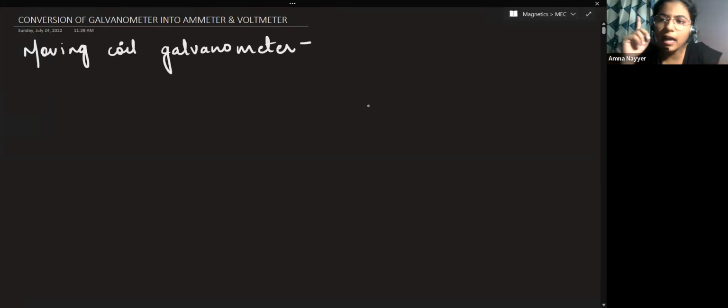See, galvanometer is one device that you have in your syllabus, ammeter is another device, and voltmeter is another device. Voltmeter is very easy. By the name voltmeter itself, you will be able to figure out that it's related to voltage. Regarding galvanometer and ammeter, both of these can be confusing because both of them are related to current only.